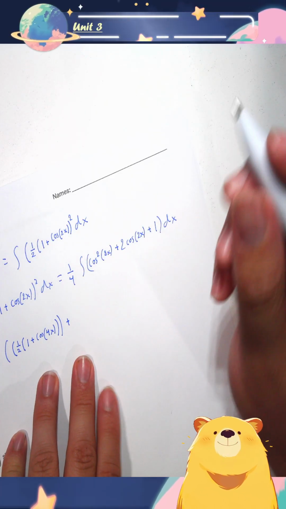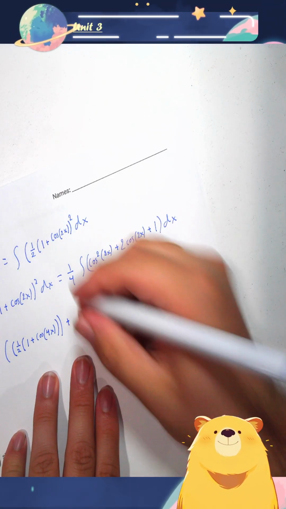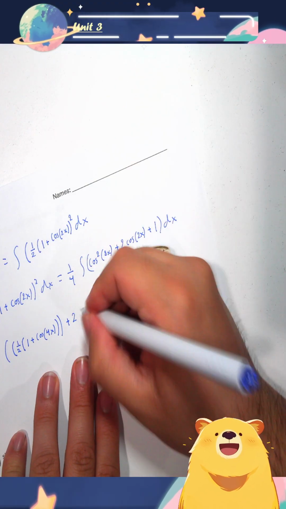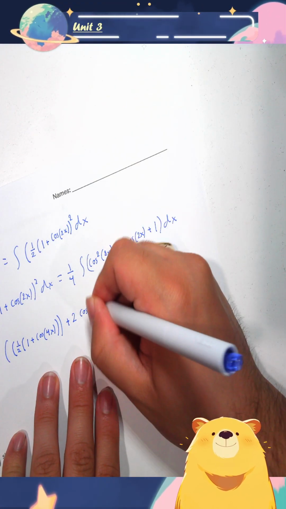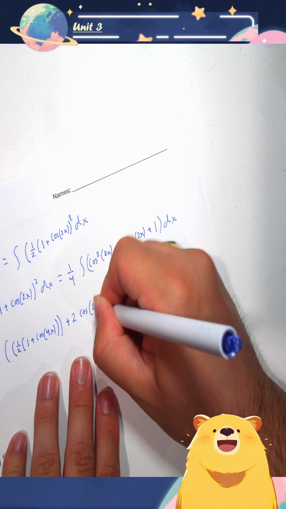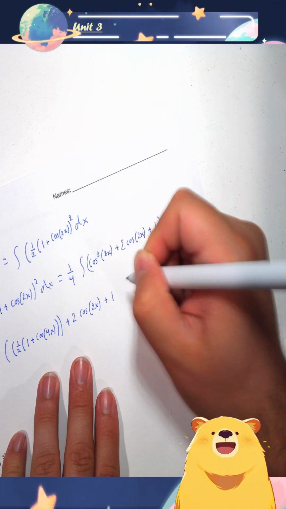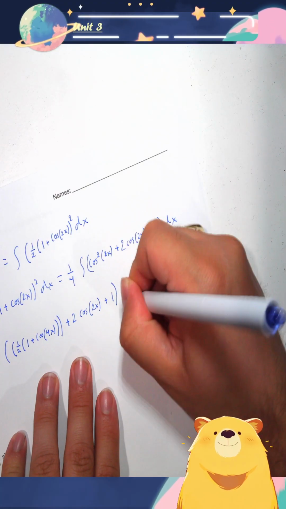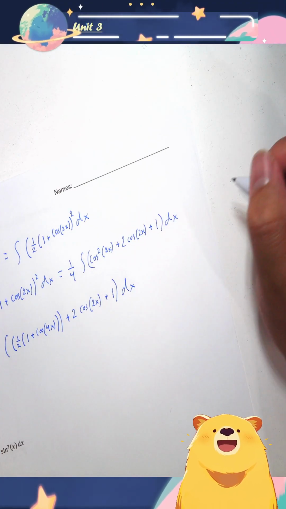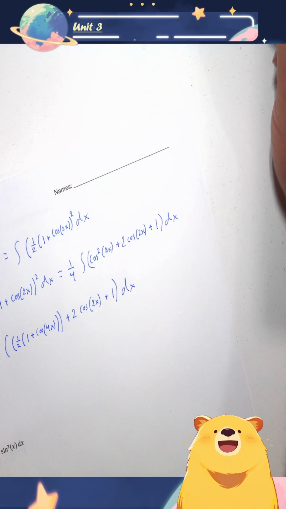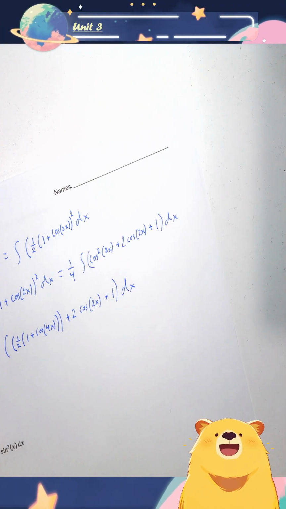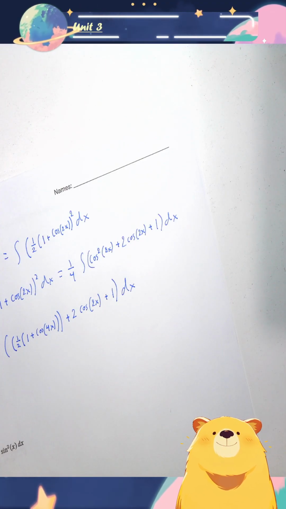And plus 2 cosine of 2x plus 1. Right. And then I need to rearrange these so they're all as separate as can be.